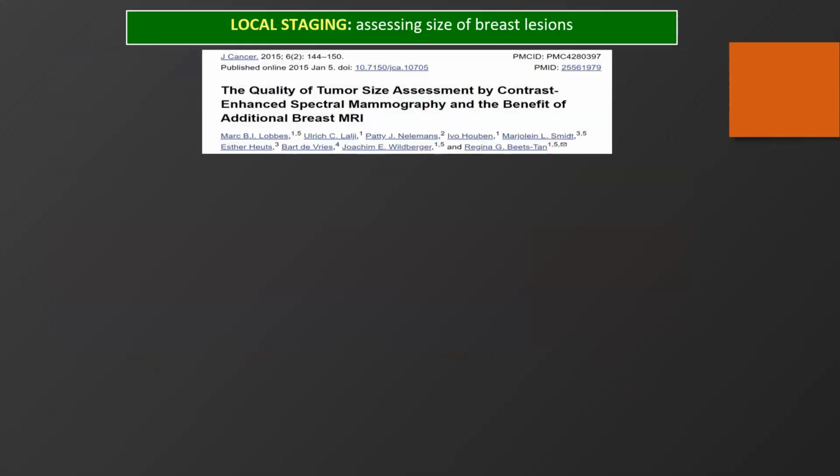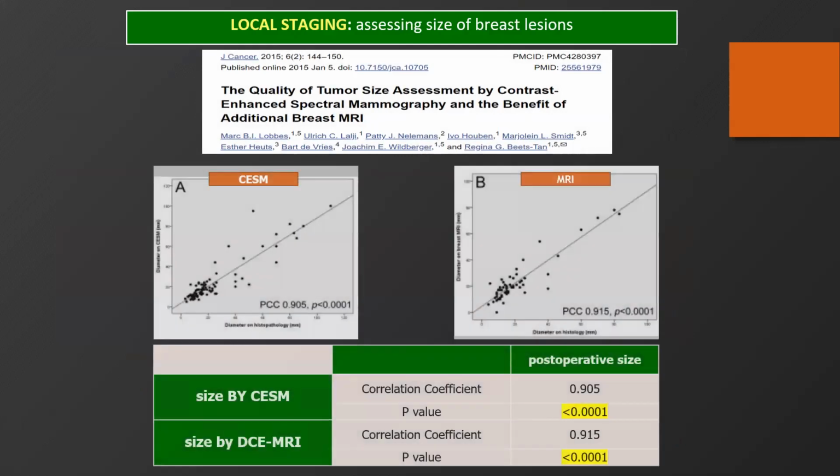Have you assessed the contrast-enhanced spectral mammography role in T staging of breast cancer? And what about its accuracy? Yes, according to one of the earliest studies, which was performed by Lobis et al., they compared the sizes of the lesions in contrast mammography, in MRI, and in the postoperative pathology, and there was a significant correlation between the sizes of the tumors measured in both modalities and the postoperative pathology.